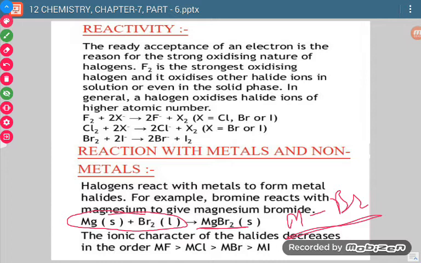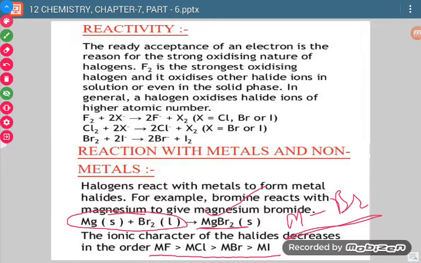So this is the bond in this case. Now, ionic character depends on this. The order is that fluorides will have maximum ionic character and iodides will have minimum ionic character. Why is it so? Because F negative ion has maximum electronegativity, because of the maximum electronegativity of fluorine, F negative ion is strongly formed.